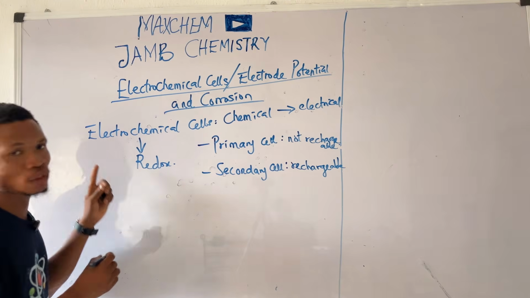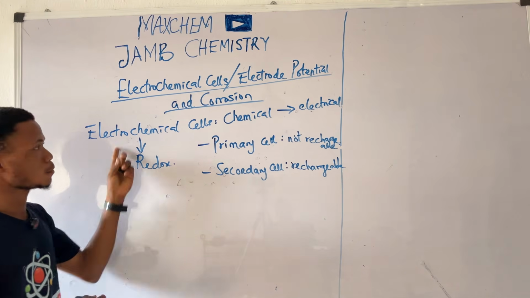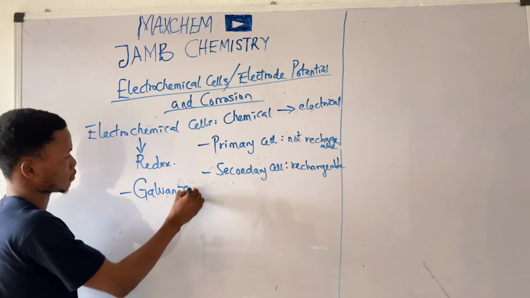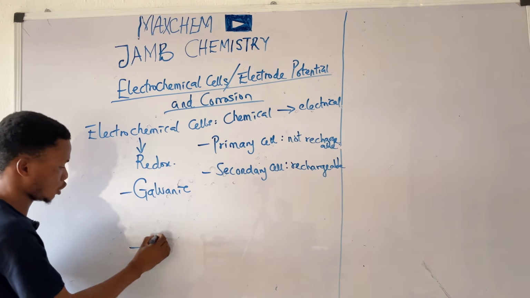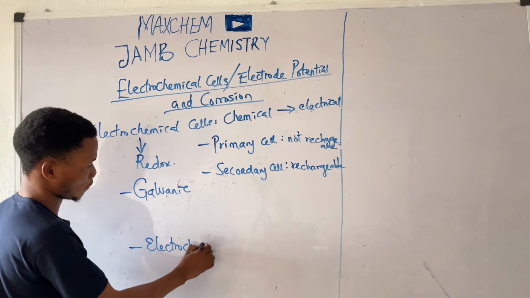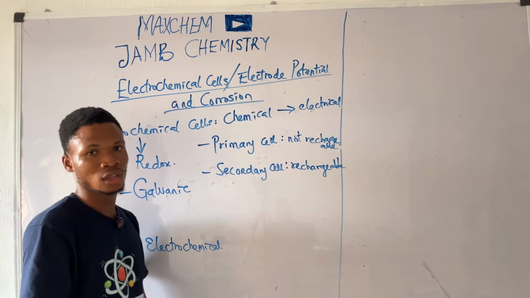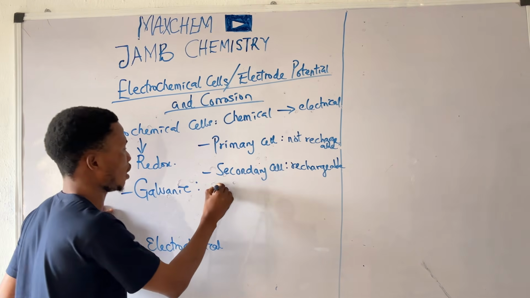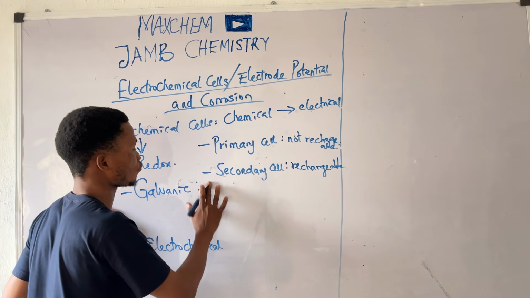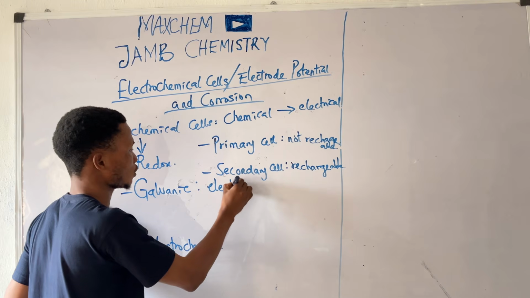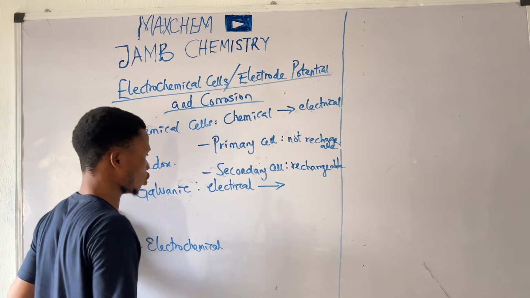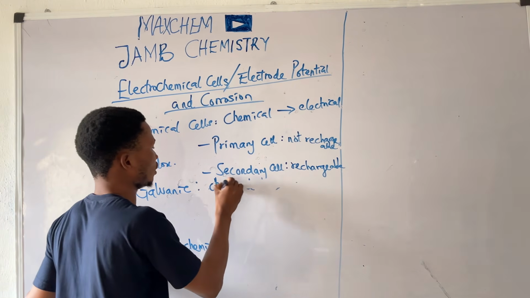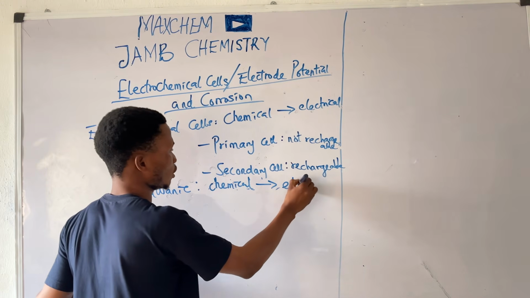So we have two types of electrochemical cell. We have the galvanic cell and the electrolytic cell. The galvanic cell changes chemical energy to electrical energy.